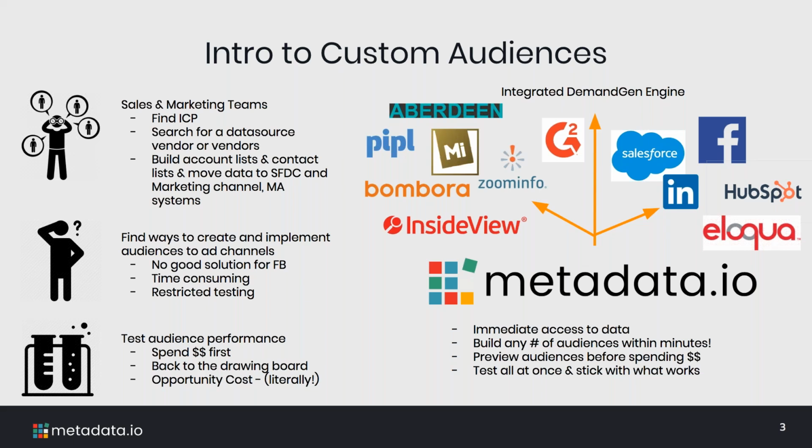Or if your goal is to generate a ton of leads at a really low CPL, then probably the best type of audience to use there would be a website retargeting audience or intent audience. So it really depends on your marketing goal.